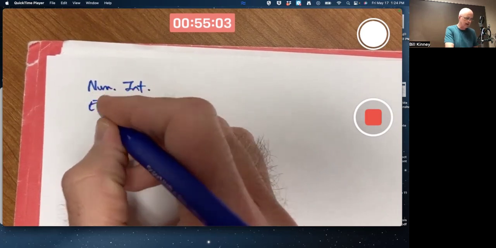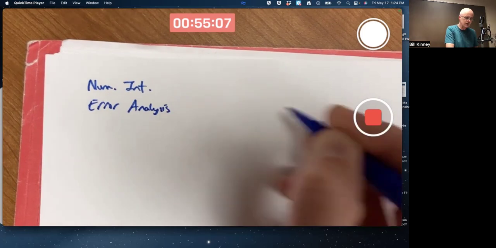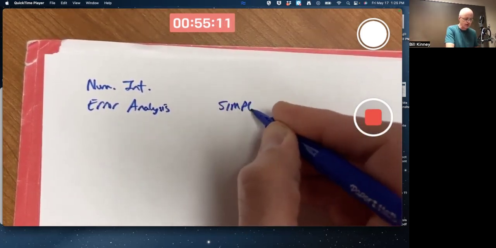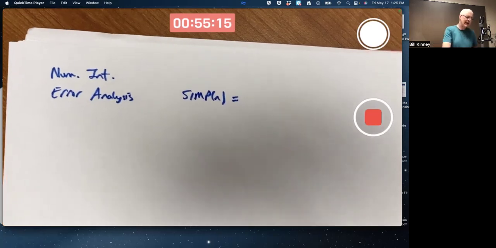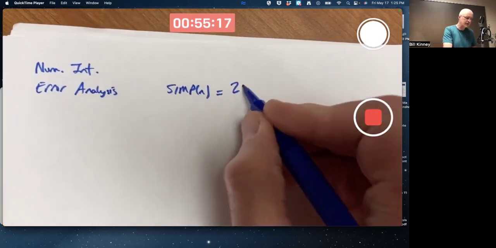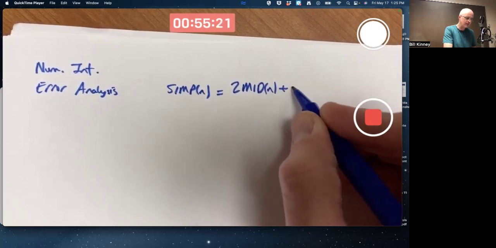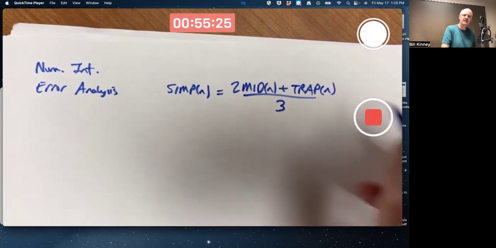We did error analysis, which also led, for example, to our version of Simpson's rule, which is different than you find in many calculus books, as being a weighted average of the midpoint rule and trapezoid rule.